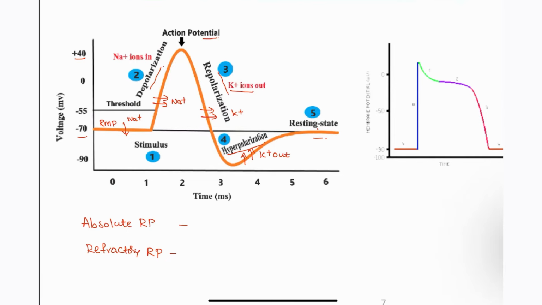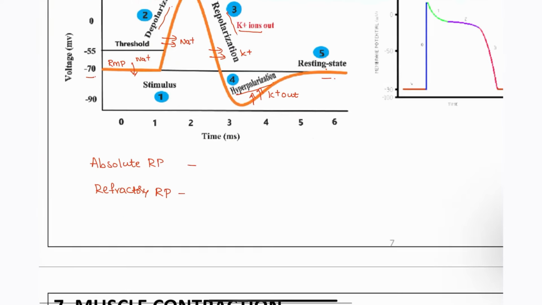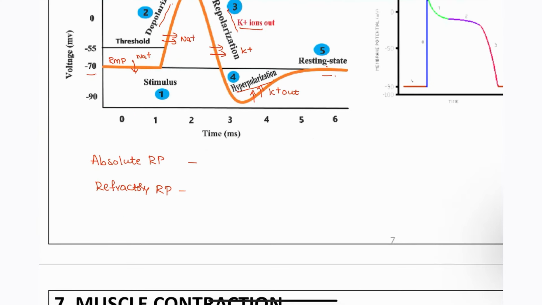During this time you cannot disturb the action potential. In the absolute refractory period, there will be no change. Regardless of adding anything, there won't be any change. But in the relative refractory period, what happens? There will be some changes that will be seen. Okay, that's the point that you have to take note.